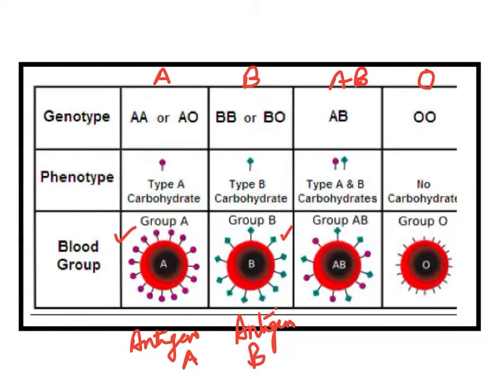In case of AB, both antigens A and B will be expressed on the surface. While in case of O, no sugar is produced. जो आपका RBC है, उसके surface पे कोई भी sugar produce नहीं होती है. ठीक है? तो ये हमारे चार ब्लड ग्रुप्स हैं.